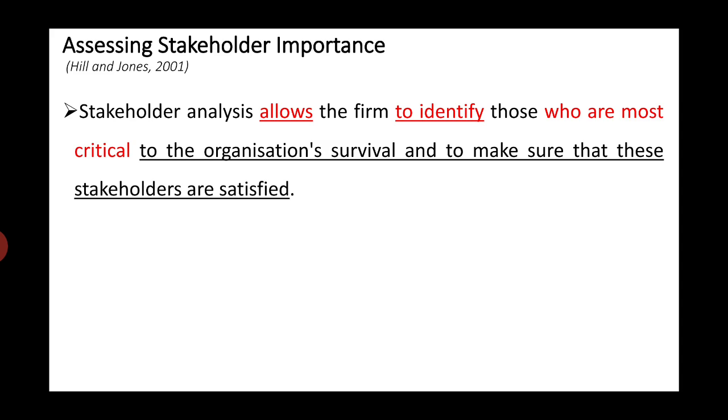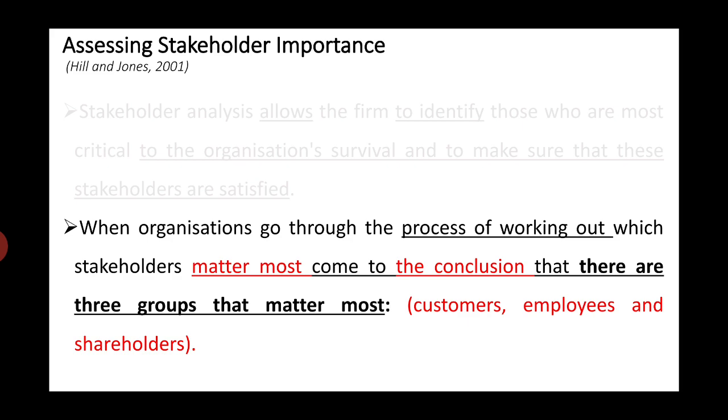Because this analysis will lead to this conclusion, which is there are three groups that matter most to the organizational survival. So there are three groups that matter most to the organization, who are customers, employees, and shareholders.